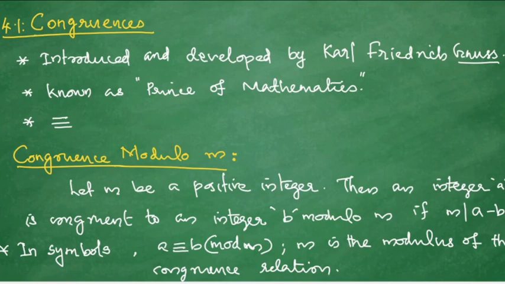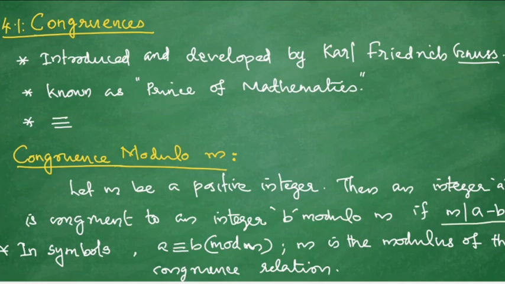First of all, we will define when two numbers are said to be congruent modulo m. Let m be a positive integer. Then an integer a is congruent to an integer b modulo m if m divides a minus b.